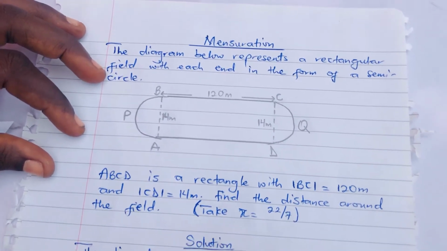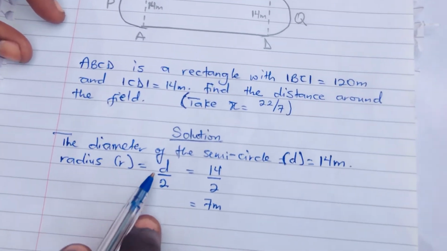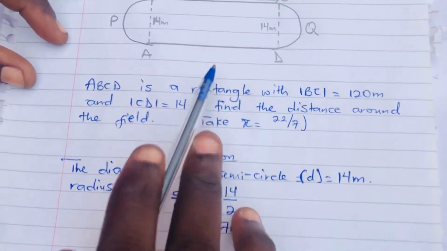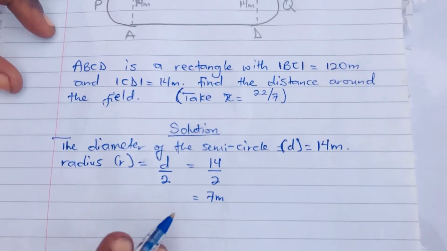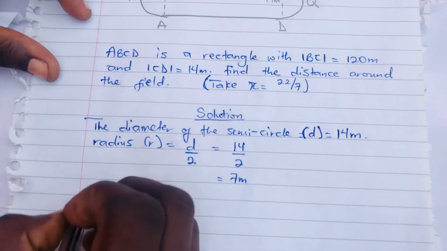So after getting our radius, we now have to find the circumference of the circle. So what is the formula for finding the circumference of a circle?